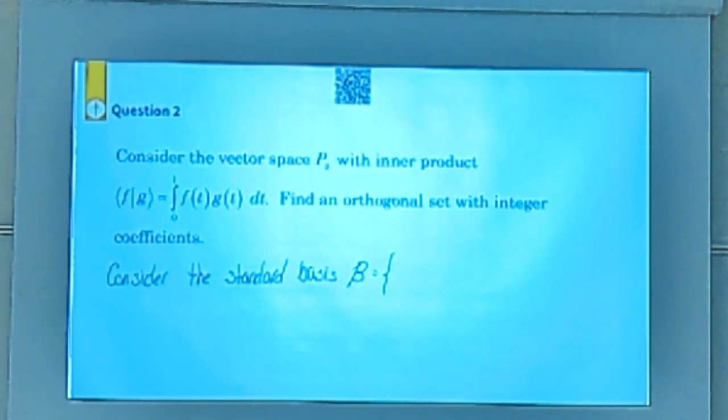No, they're not vectors in P2. I agree those are the coordinates of your vectors, but they're not the vectors themselves. Overthinking.